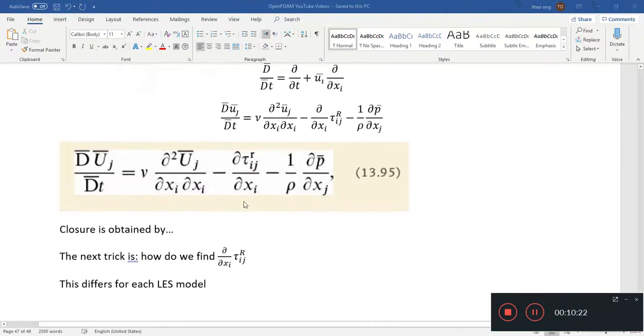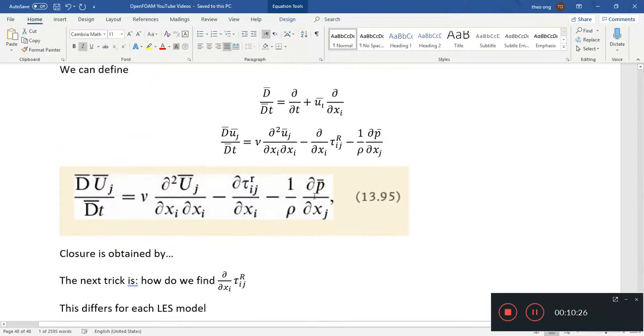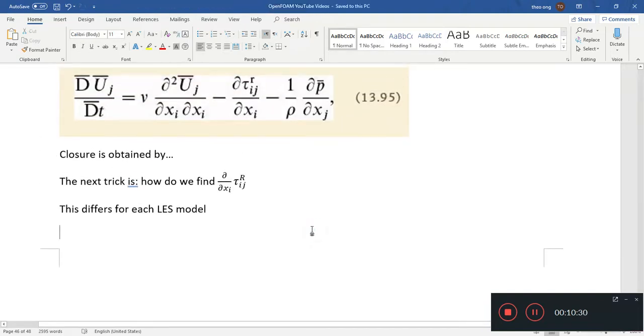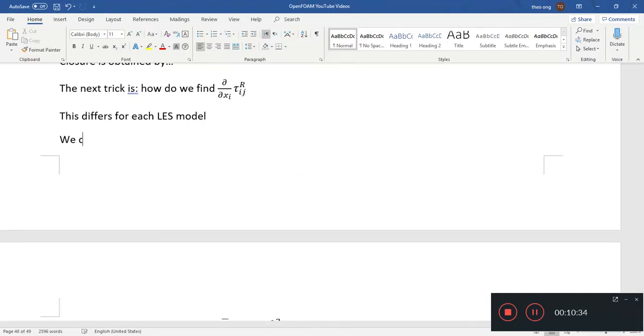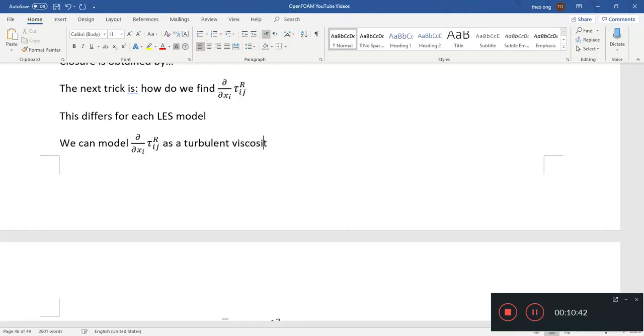So now you can actually model this as some sort of extra viscosity. We can model this as a turbulent viscosity or momentum diffusivity in subgrid scale.